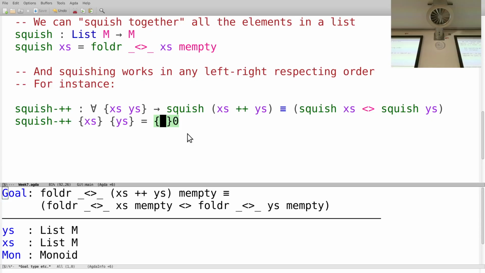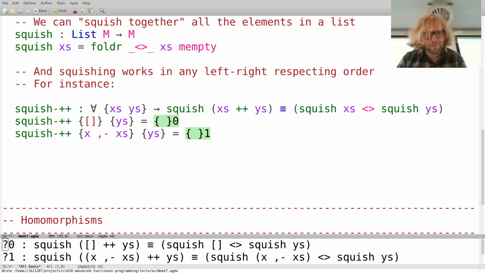Well, this fold R is stuck because we don't know what this list is. And this list is stuck because we don't know what xs is. And this one is stuck because we don't know what ys is, I suppose. But if we look at xs first, I think that's a good move. Pattern match on xs. Then we see what that does for us.